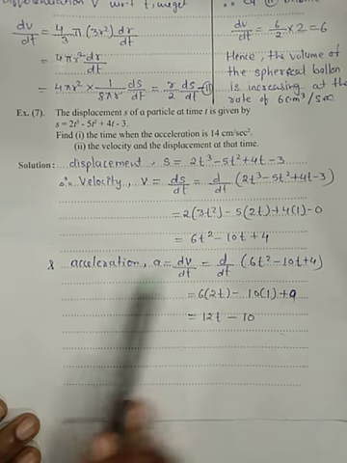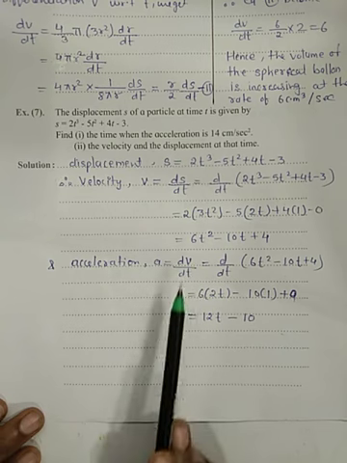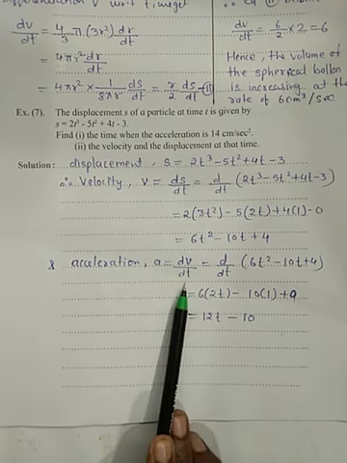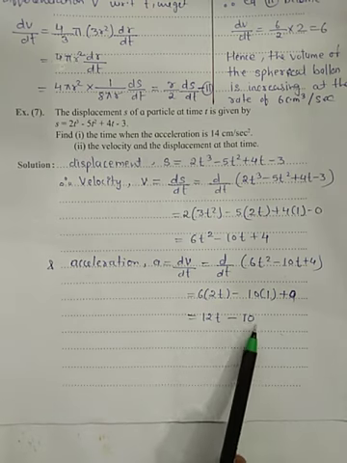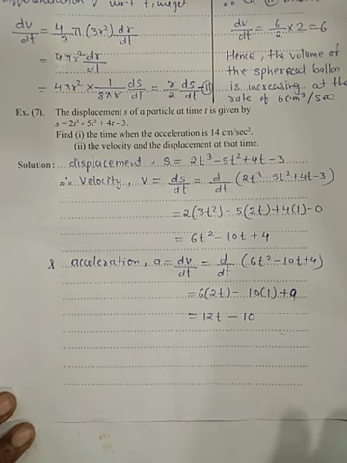This is velocity. Now find out acceleration. Differentiate velocity with respect to t. Again differentiate, we are getting 12t minus 10. This is what we have got over here.